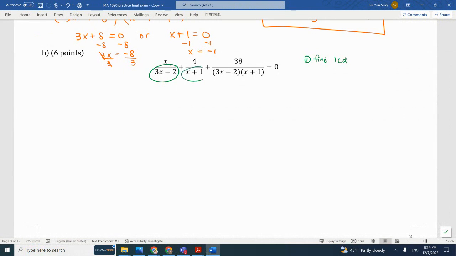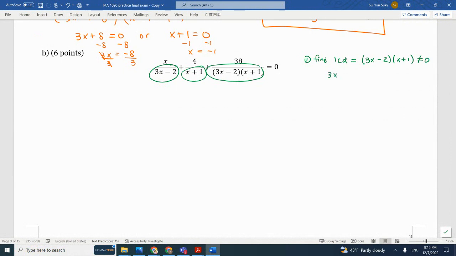The second term, the denominator is x plus 1. The third term, denominator is 3x minus 2 times x plus 1. Therefore, the least common denominator is 3x minus 2 times x plus 1. Okay? And we know the least common denominator cannot be 0.